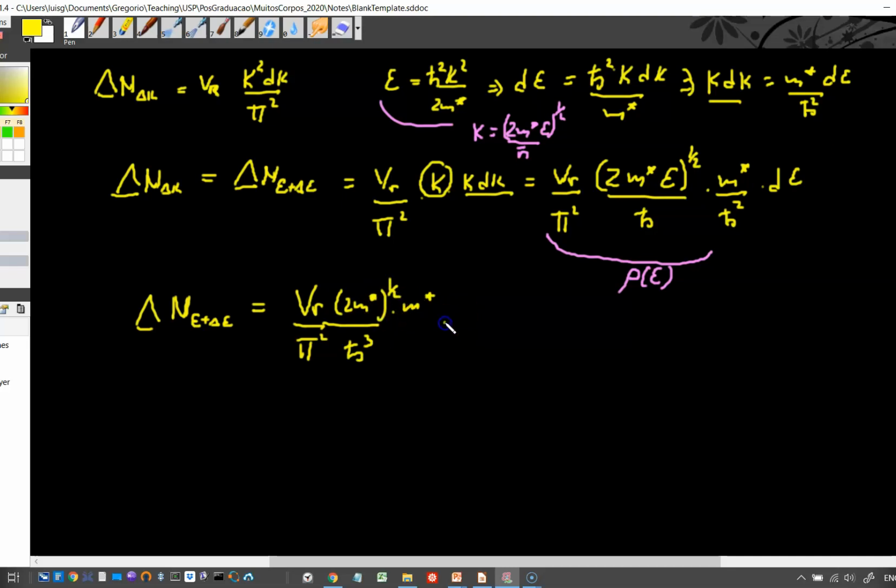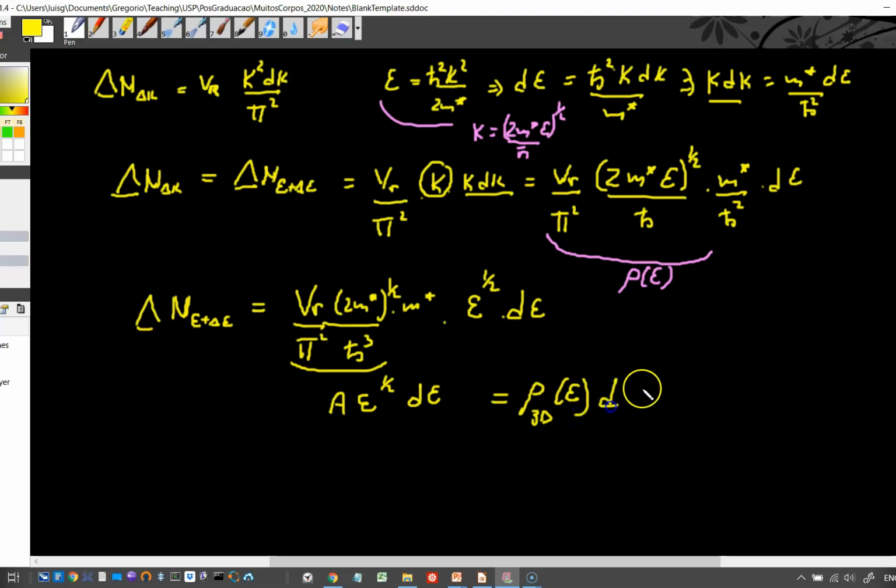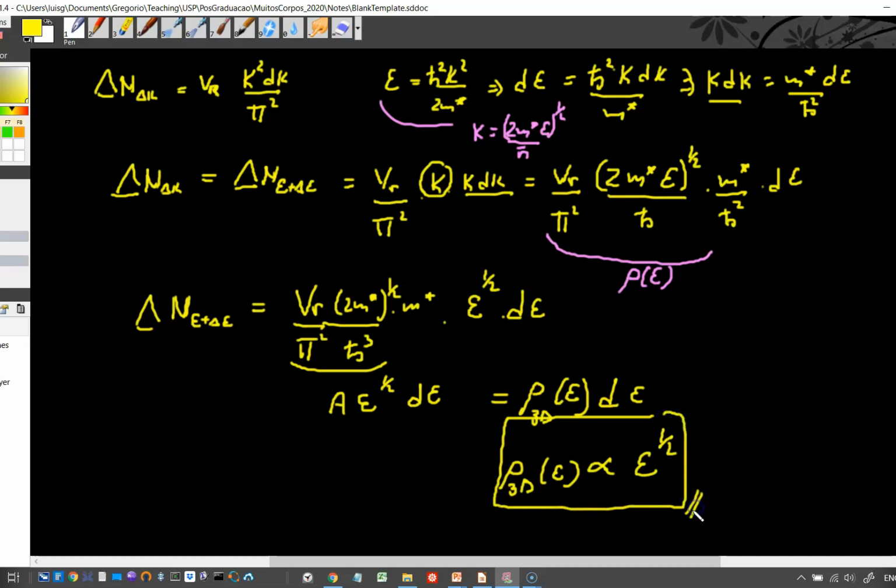The important thing is that this is going to be a prefactor, let's call it constant A, times the energy to the power 1/2 dE. So this is the density of states in 3D, and this density of states goes as the square root of the energy. That's an important result here.